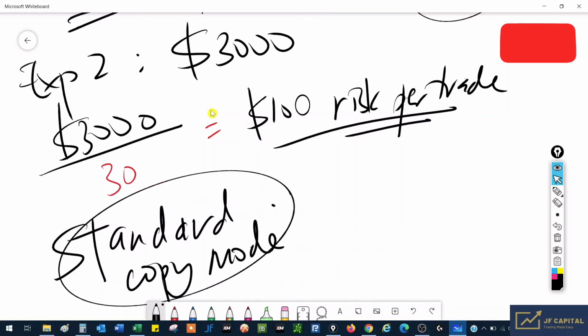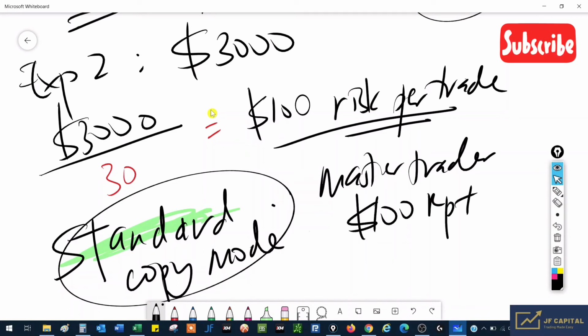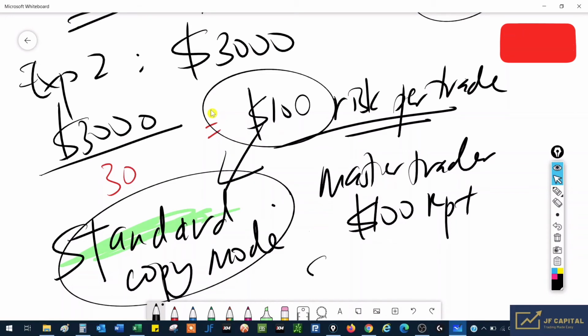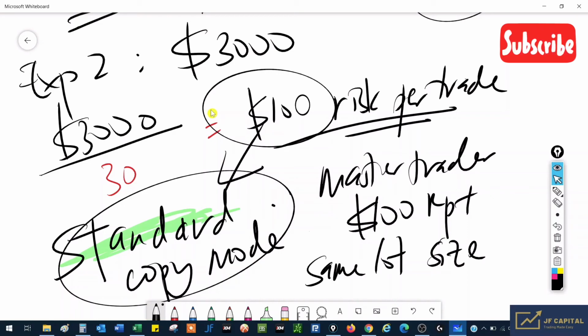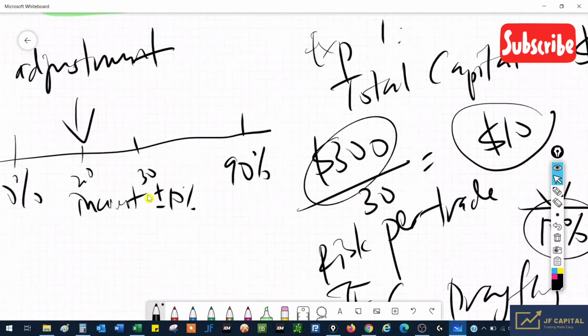Because as a master trader, I'm trading at 100 risk per trade. So if your risk per trade is also 100, you just use standard, so you copy the same lot size. This is how you adjust your copy mode.